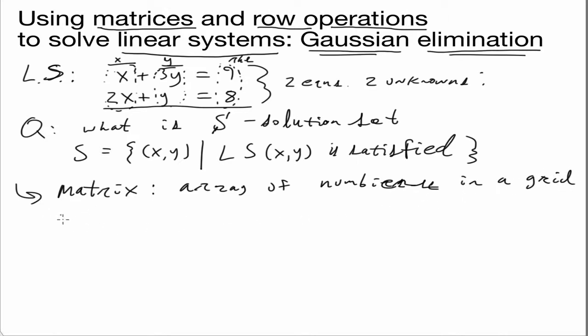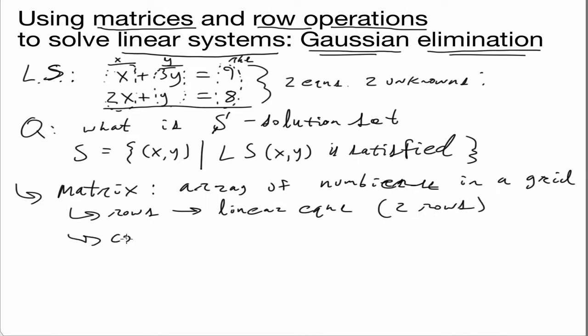And what we can say is then it has rows, and that's of course going to be our linear equations. In this particular example, we have 2 rows. And then finally we also have columns. And those columns represent the different variables.